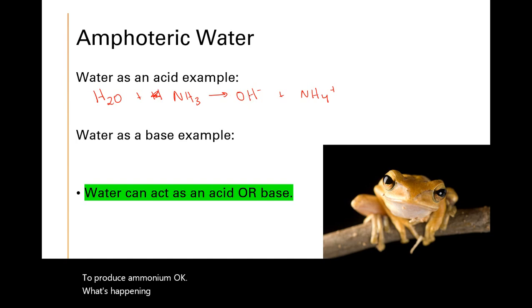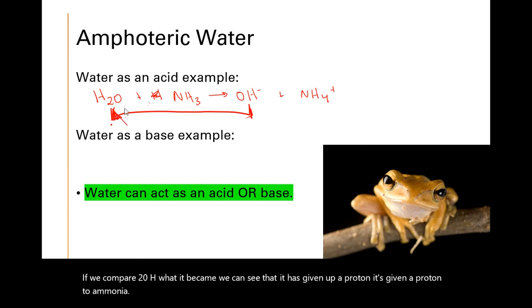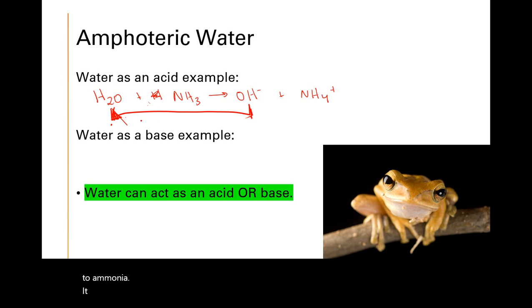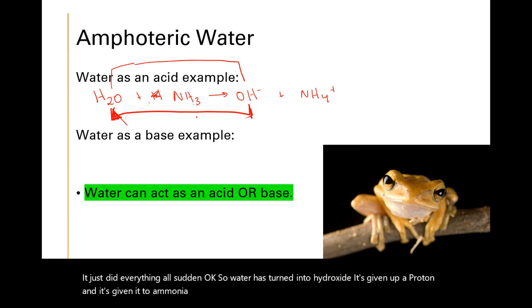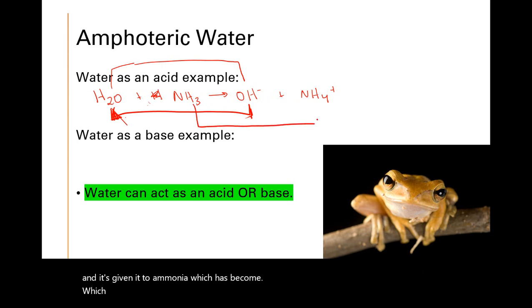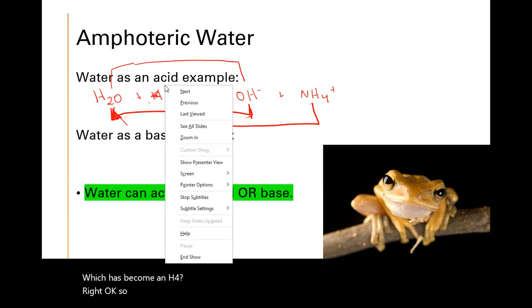It's given up a proton to ammonia. Now, oh, it just did everything all of a sudden. Okay, so water has turned into hydroxide. It's given up a proton, and it's given it to ammonia, which has become NH4.